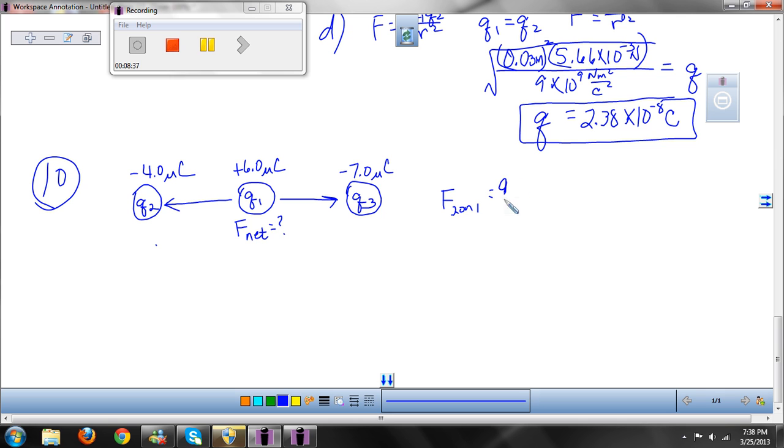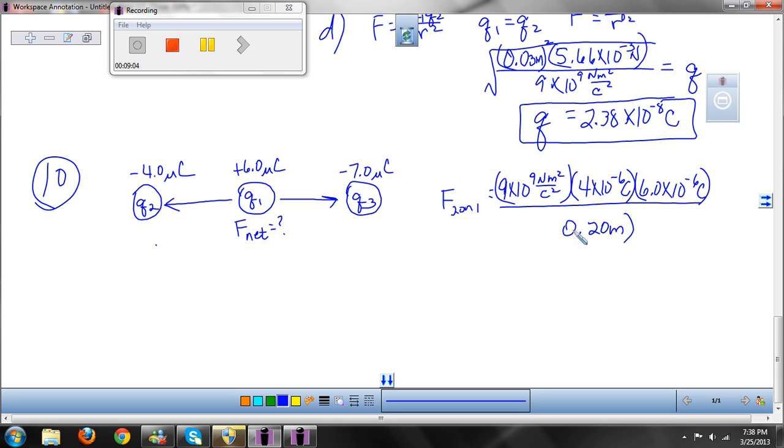So that's K times Q2 times Q1 over their separation, and it tells me 0.20 meters, squared. So the force of 2 on 1 is equal to, I got 5.4 newtons.